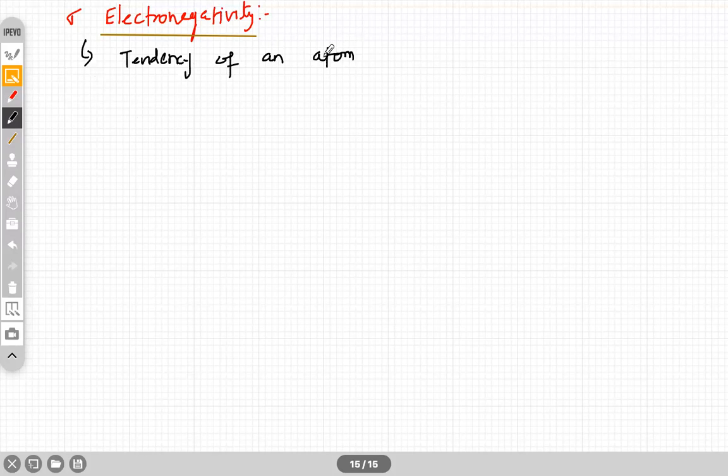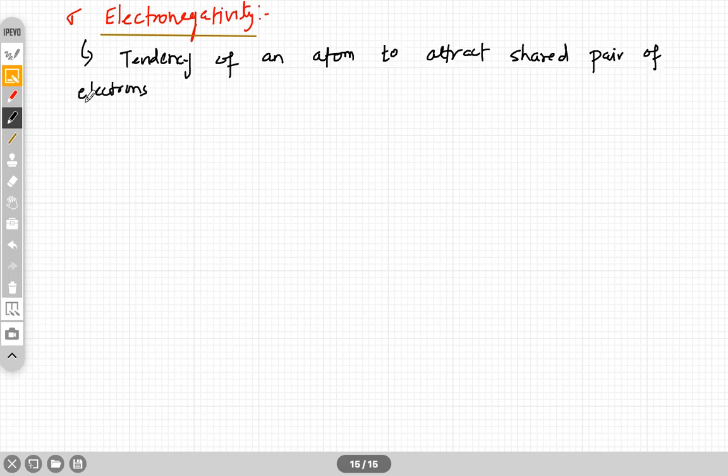Write down, electronegativity is the tendency of an atom to attract the shared pair of electrons towards itself in a covalent bonded molecule, in a covalent molecule.